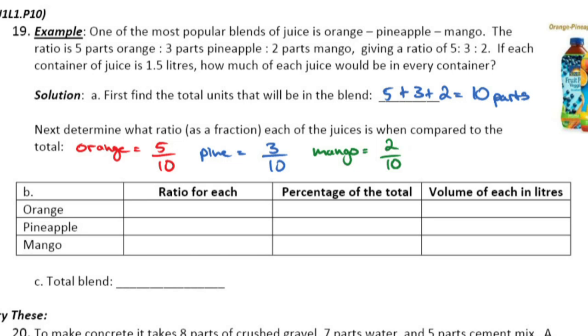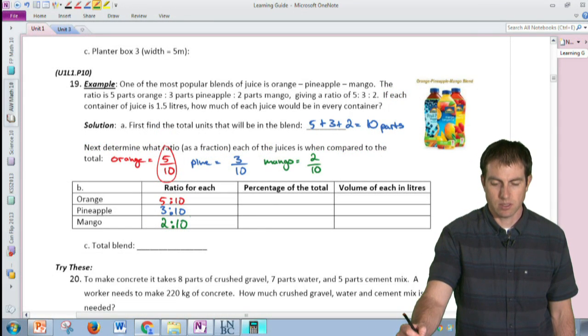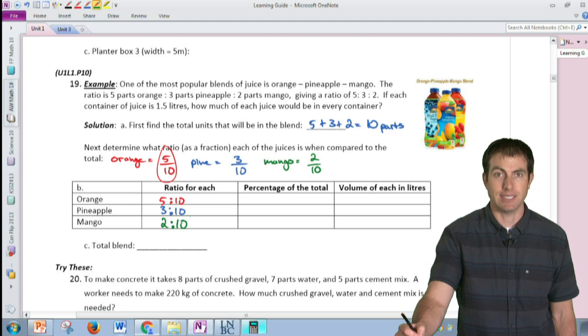Recall from before, we can write a fraction as a ratio. So 5 to 10 is the ratio for orange, 3 to 10 is the ratio for pineapple, and 2 to 10 is the ratio for mango. Then we can talk about percents. If I said you got 5 out of 10 on a test, some of you would be like, yeah, 5 out of 10, nice.